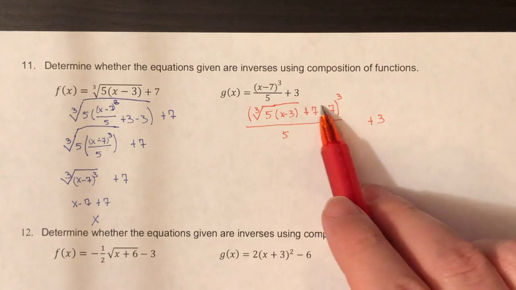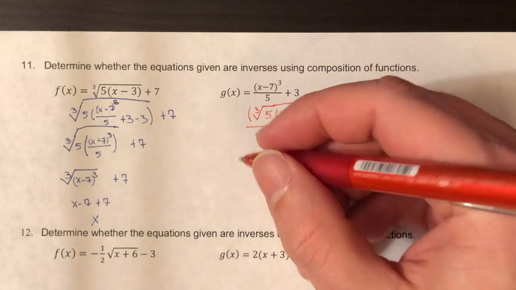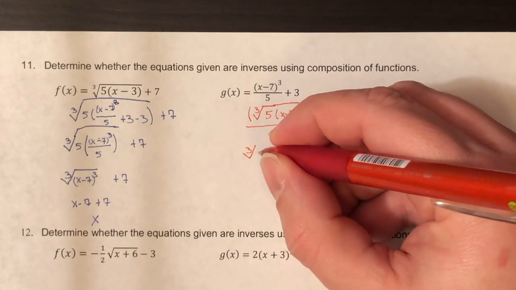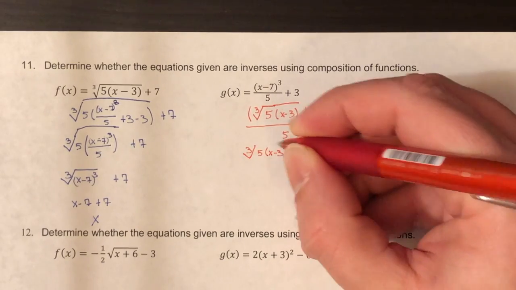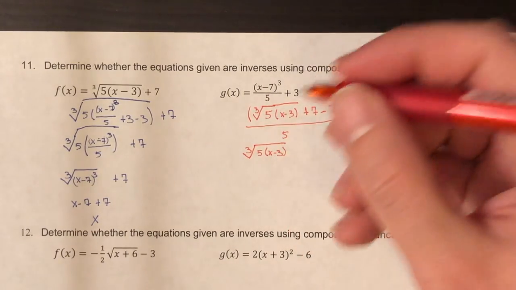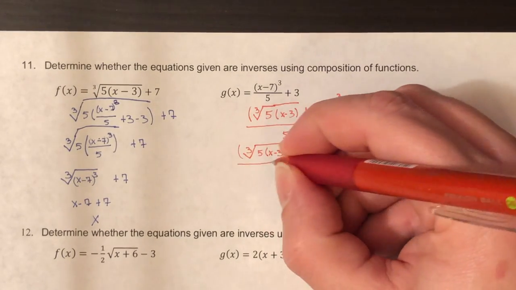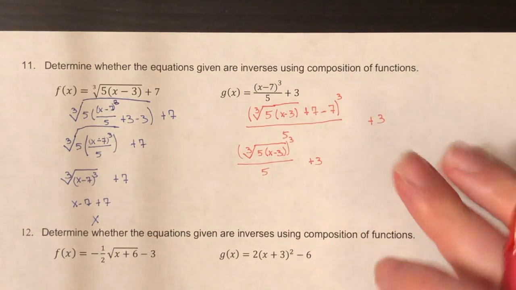So this positive 7 minus 7 is going to sum to 0. So I've got the cube root of 5 times x minus 3 cubed over 5 plus 3.